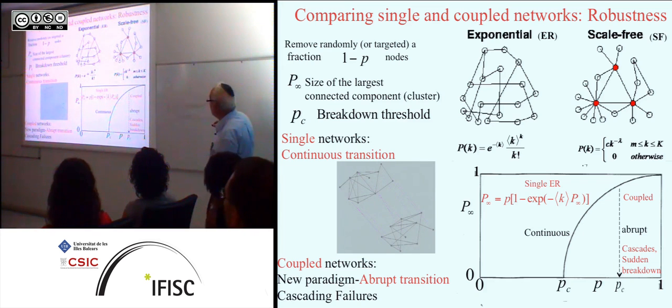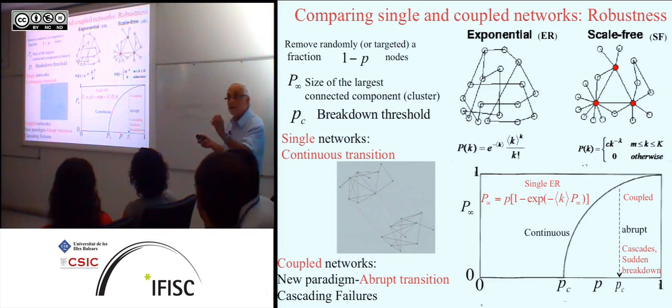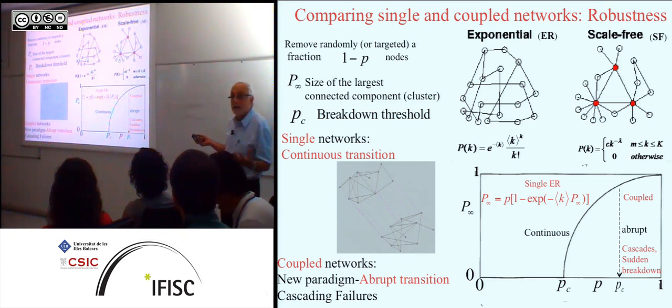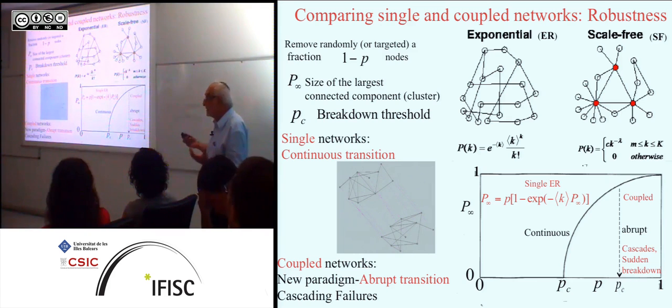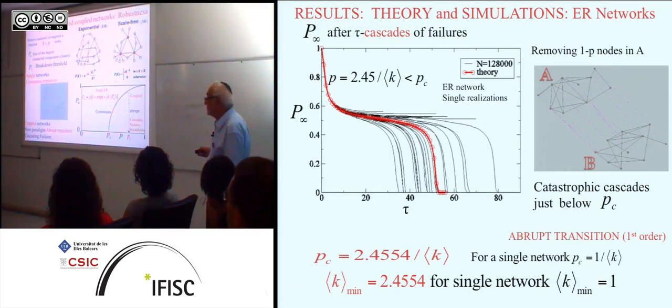But in this case, if the two networks are coupled, I can be here, and 80% of the people are functioning, they can communicate, the network works, but very small further damage will lead to collapse of the system. So we are in a great risk. Our society is at much greater risk now because of the coupling between systems. And I call it a new paradigm: abrupt transition due to cascading failure.